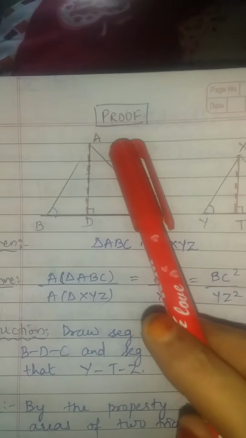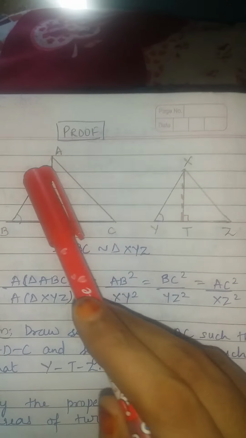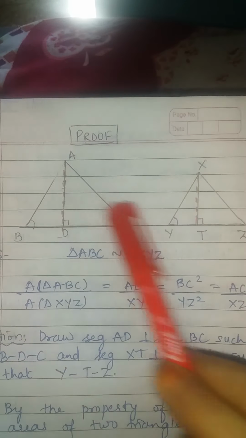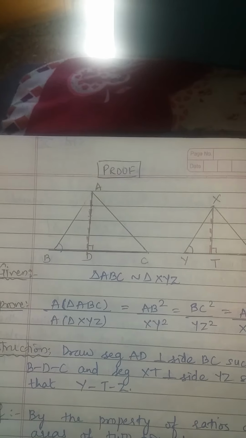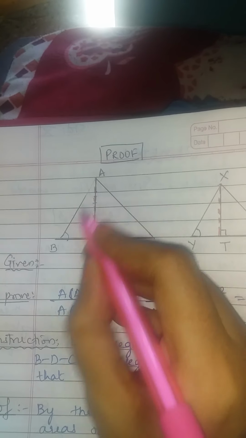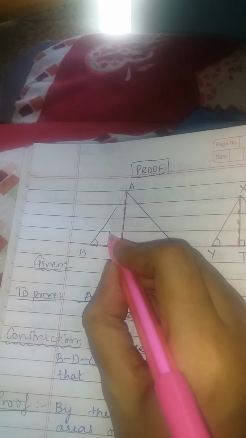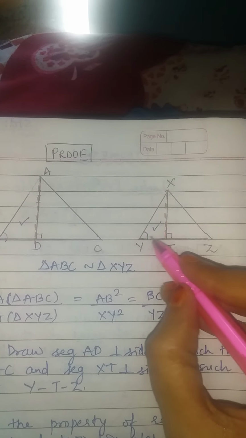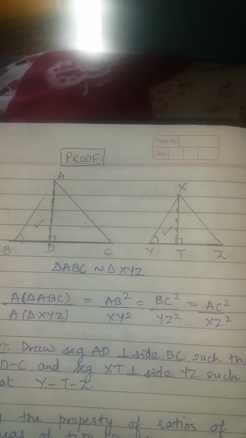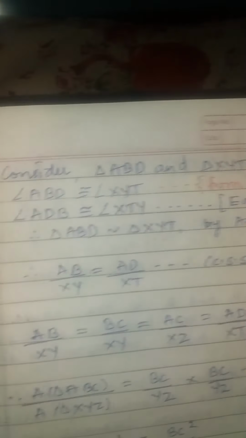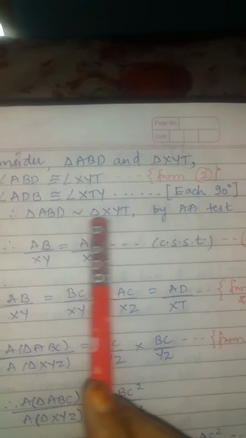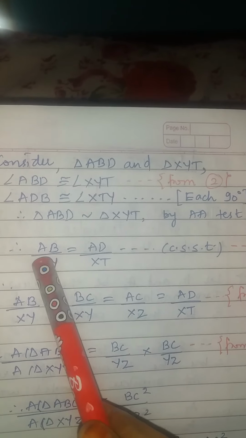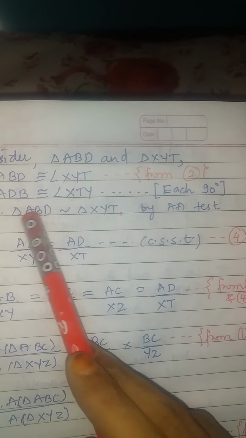So till now what we have got is triangle ABD is similar to triangle XYT by the AA test for similarity. So from the bigger two triangles, we are getting the two smaller triangles. Now, since the two triangles are similar by the AA test for similarity, we can write the corresponding sides of these two smaller triangles.